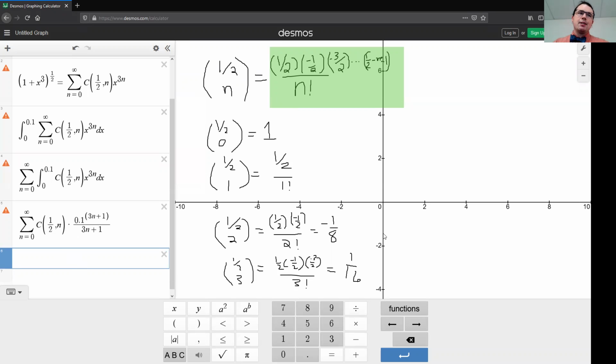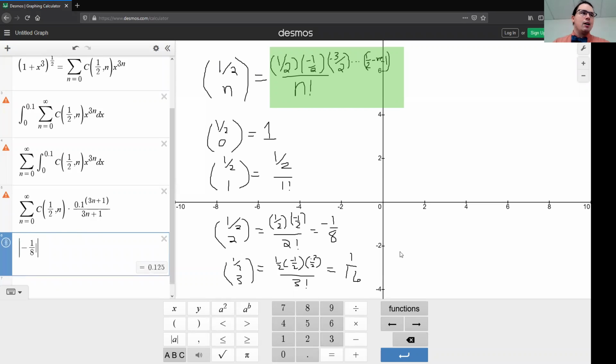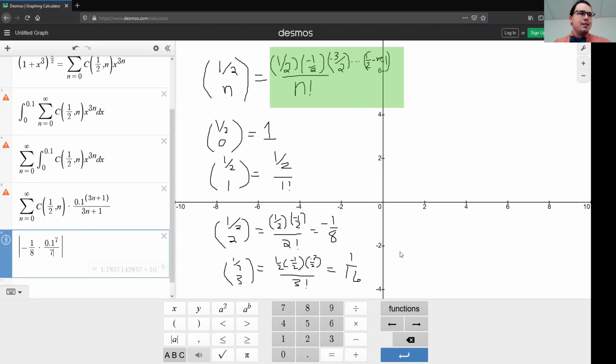Well, I'd be using the number 2 coefficient to estimate my error. My error will be based on this size, so negative 1/8 times 0.1 to the power, n equals 2, so that'd be to the power 7, and divide by 7.